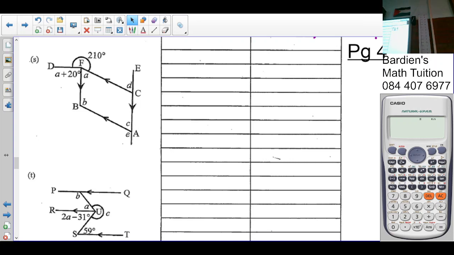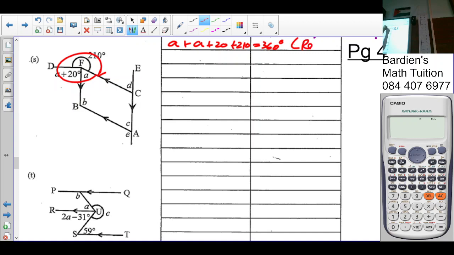So what can we say at this point? A plus A plus 20 plus 210 equals 360. Why? It's either revolution or angles around a point, both are acceptable.